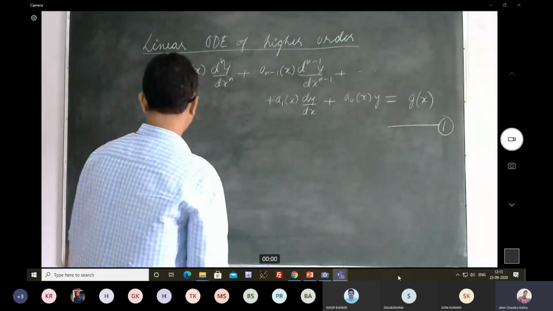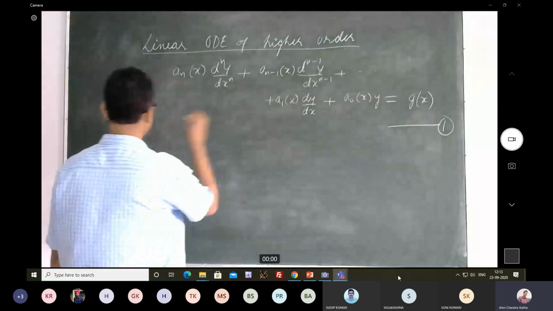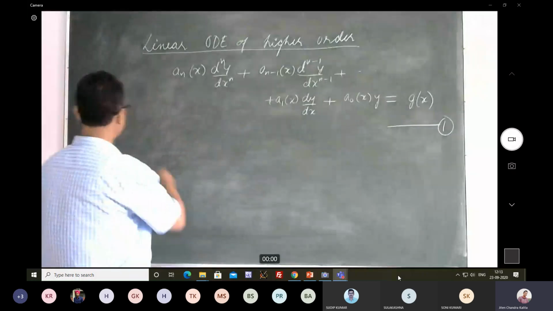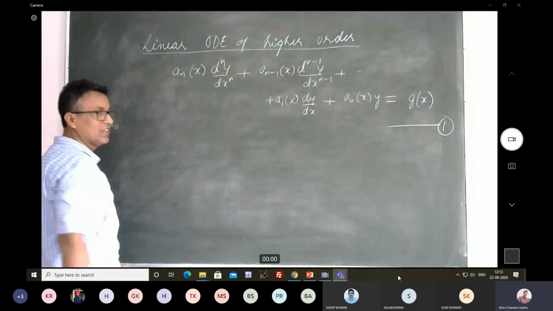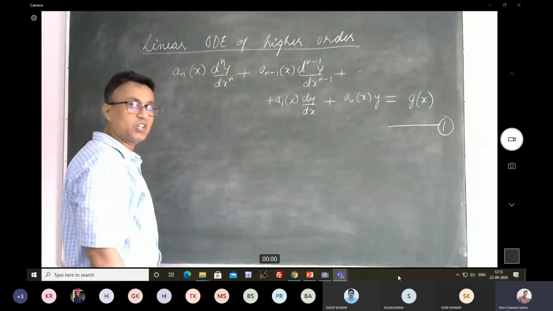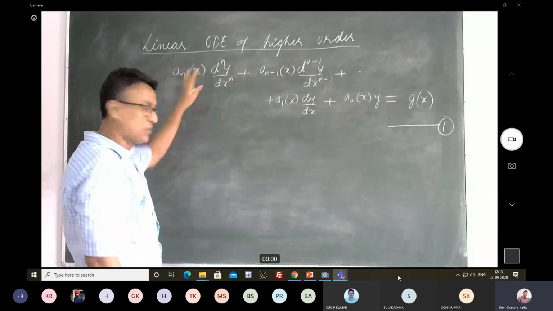Okay, so let us consider a point x naught in the interval of definition of this differential equation.